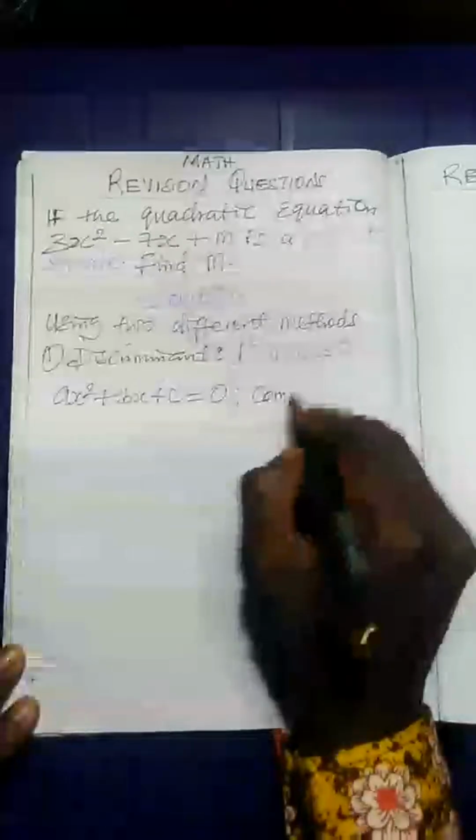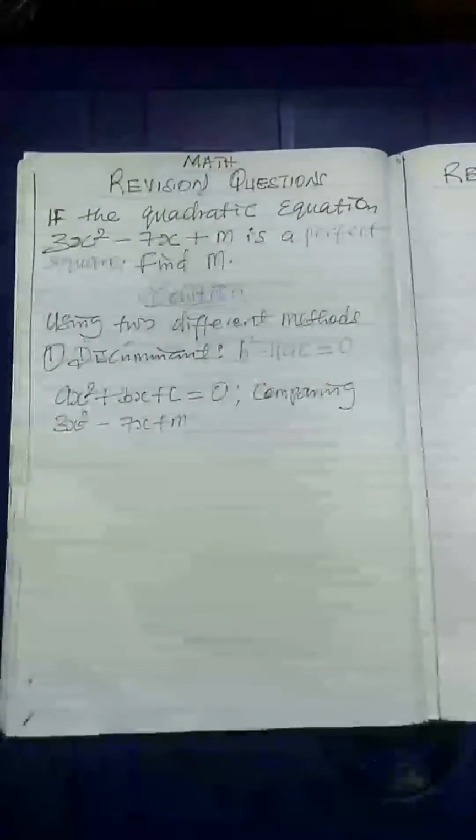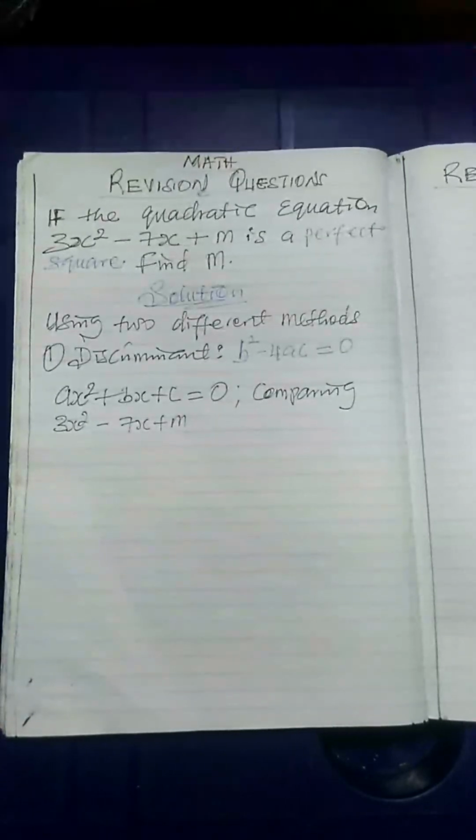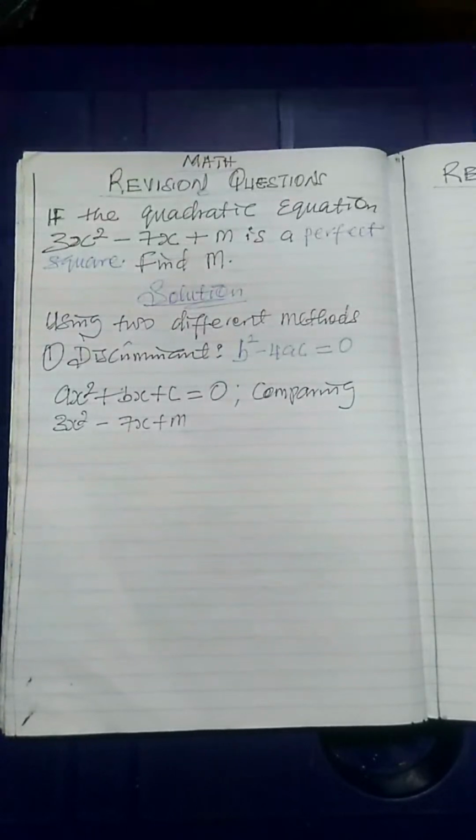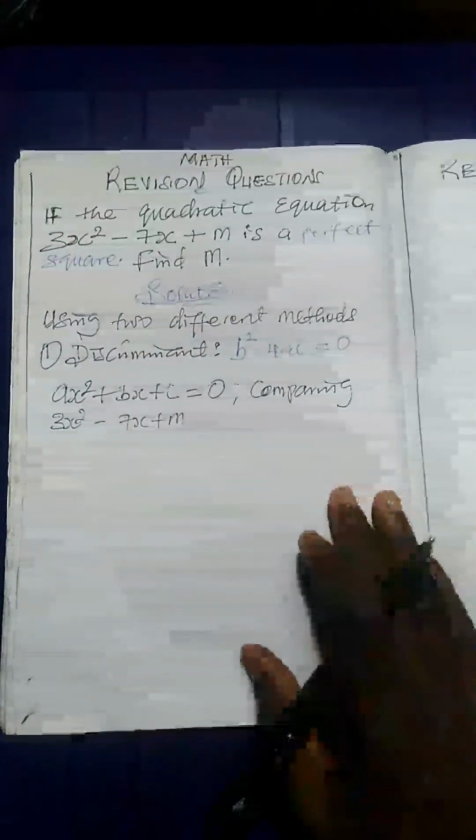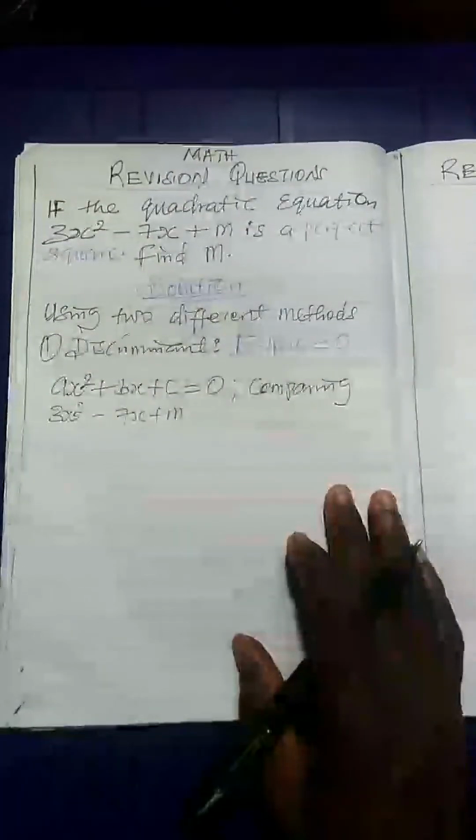Now comparing it with this expression, you notice here that a is 3, then b is minus 7, and substitute.